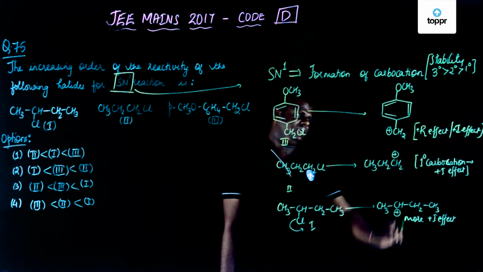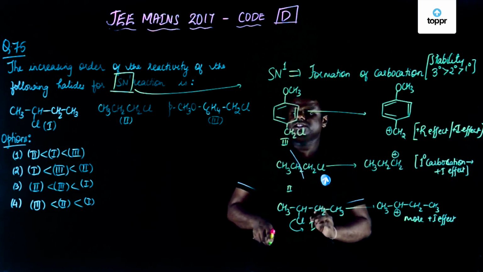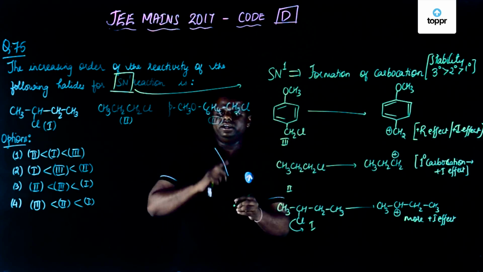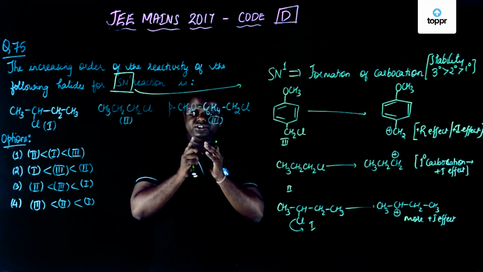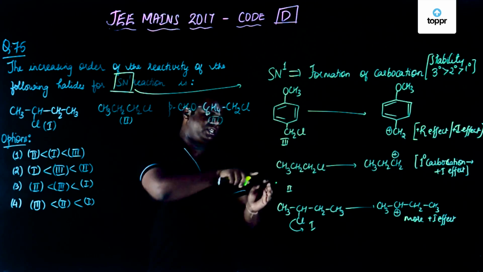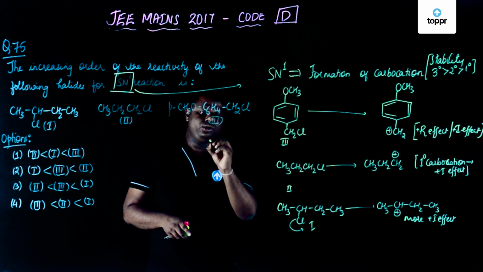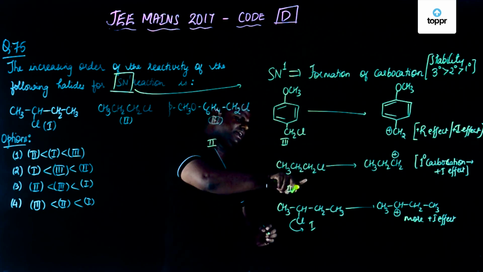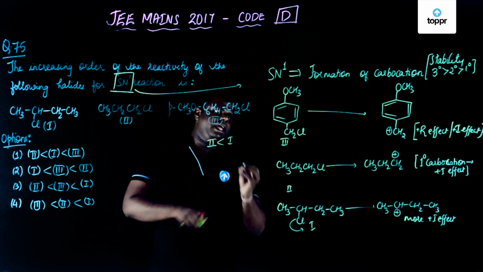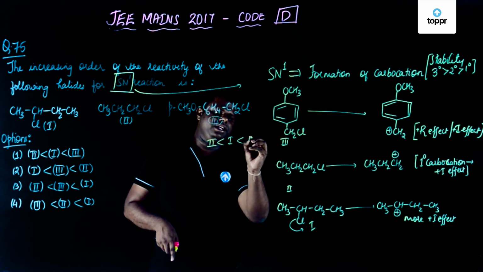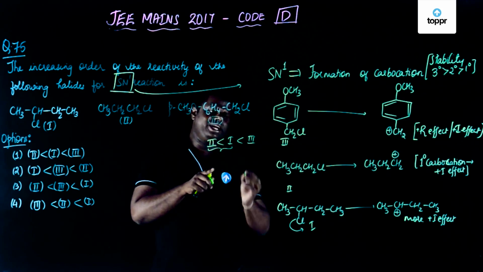The two effects operating over here, resonance and inductive effect, increase the stability. If they are asking for increasing order, it should go from lowest to highest. The lowest is going to be 2, then a little bit more is 1, and the highest would be 3. What is the reason for 2 being greater than 1?